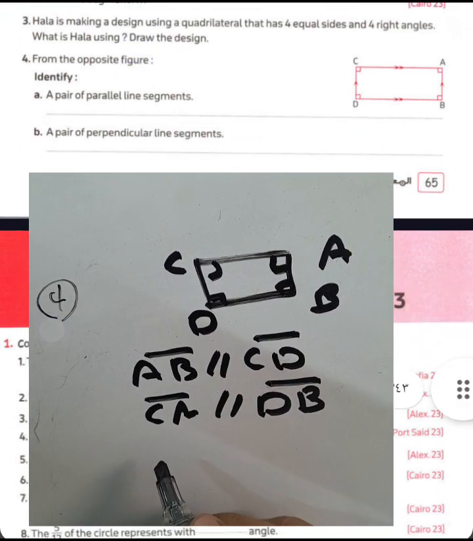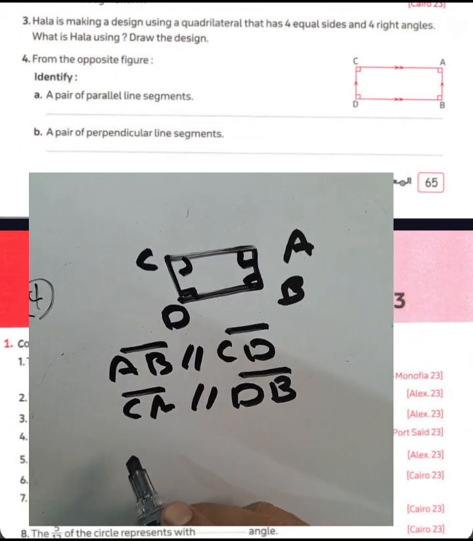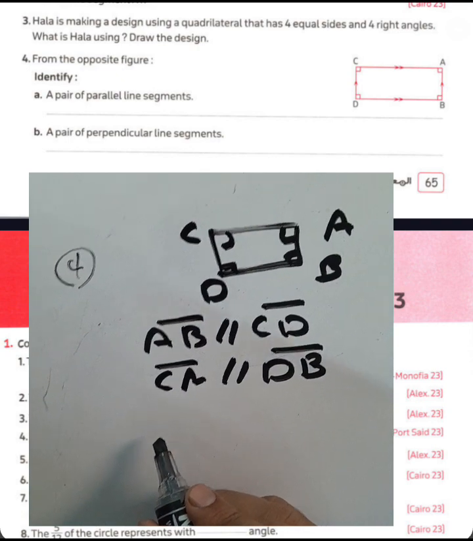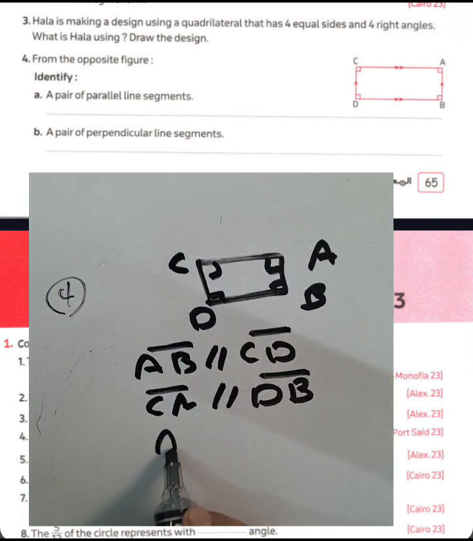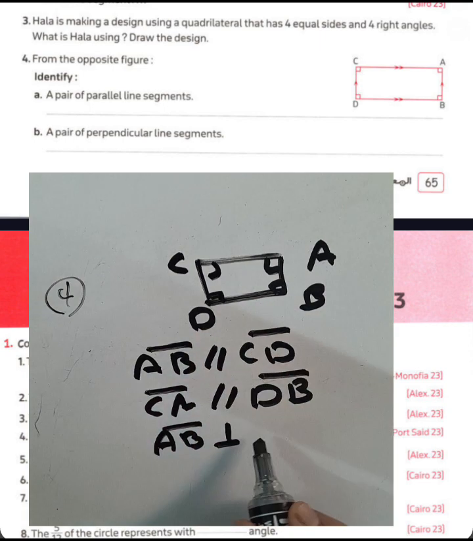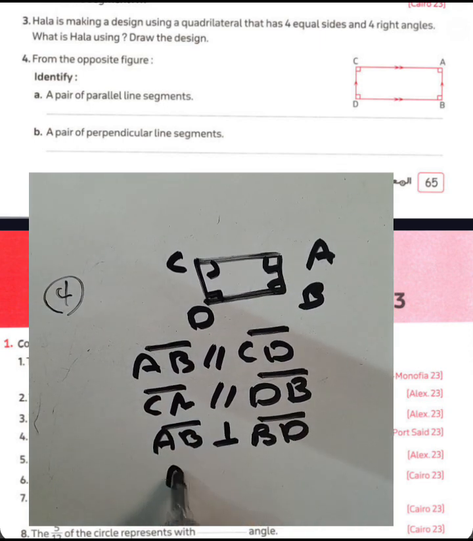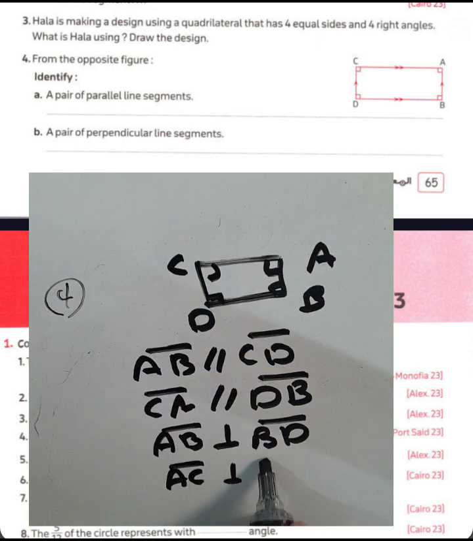A pair of perpendicular line segments: we have AB perpendicular to BD and AC perpendicular to CD.